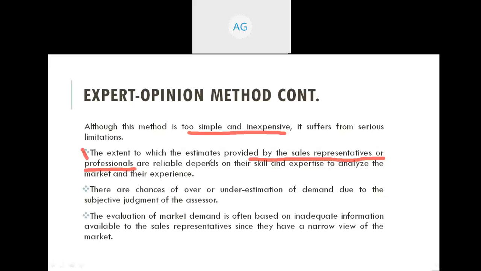So it depends on each individual sales representative's skills and their knowledge about that industry or product.